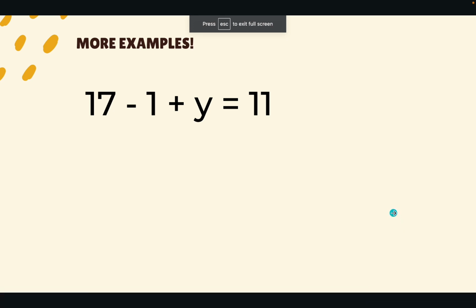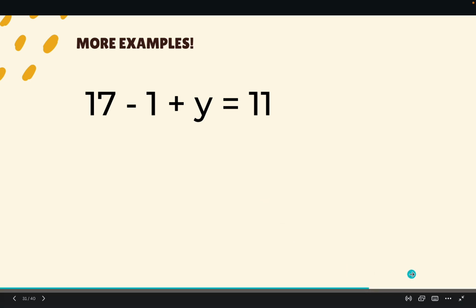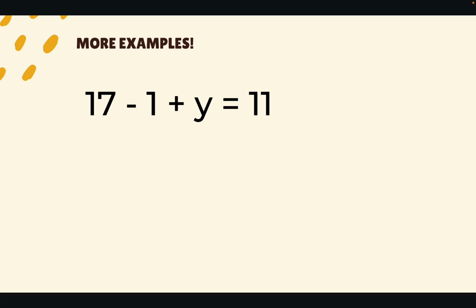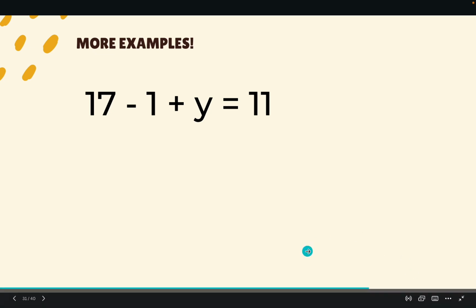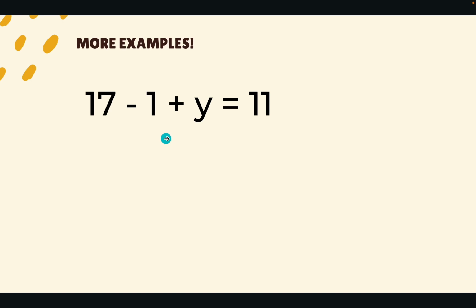Now I have here 17 minus 1 plus y equals 11. Now let us solve for y. First, perform the operation needed on the constants that we have here. So that will be 17 minus 1, 16. Now we have 16 plus y equals 11.